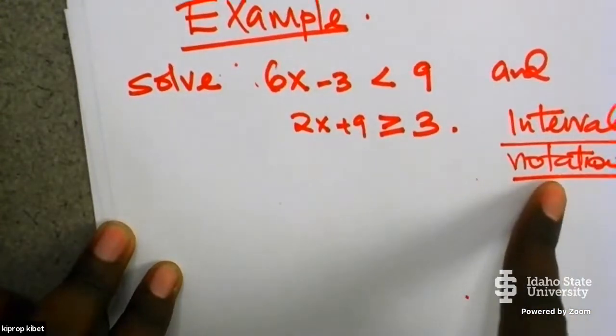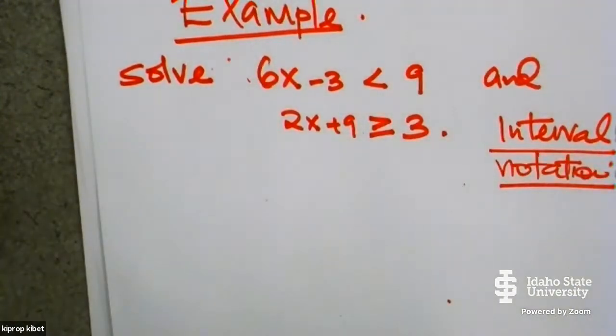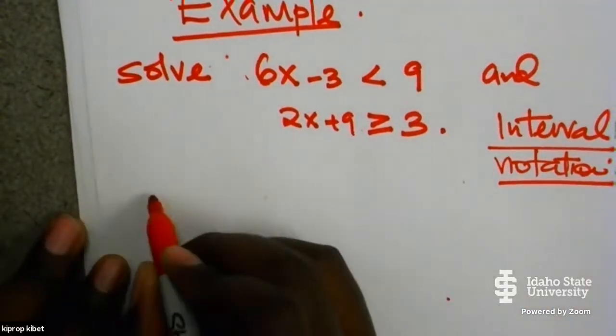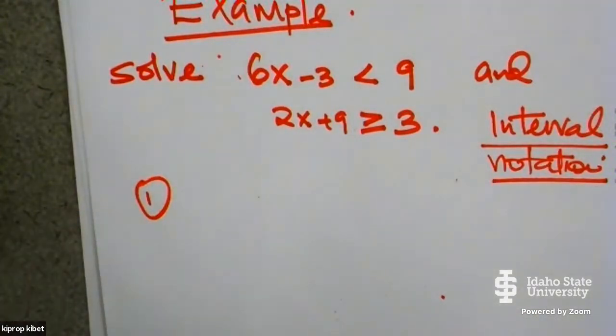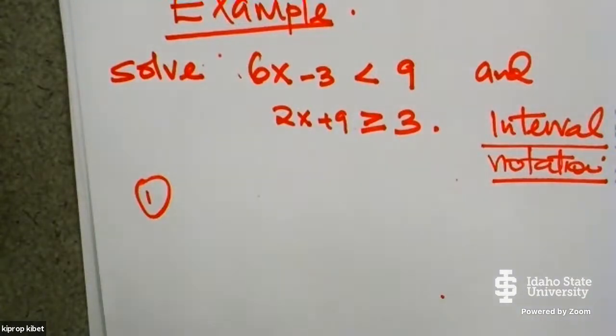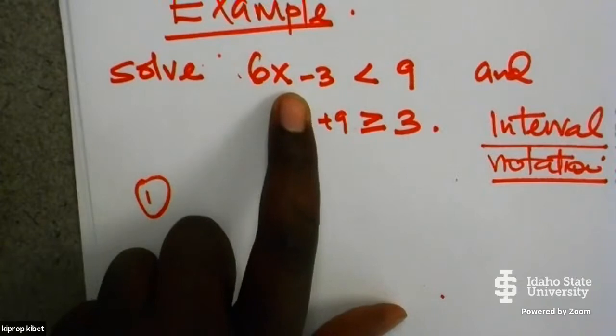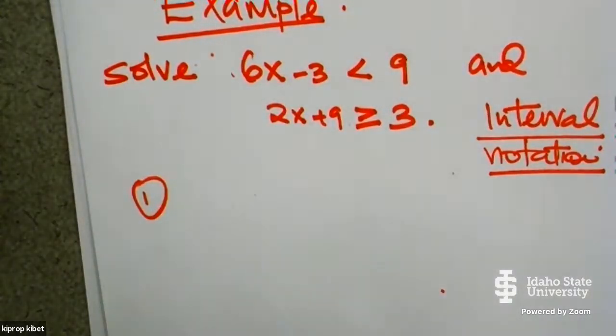We did interval notation on Wednesday, right? So we know how to write the solution in interval notation. So how can we solve this? The first step: make x the subject, like we did in the first lesson. You do this by taking the other values to the other side.